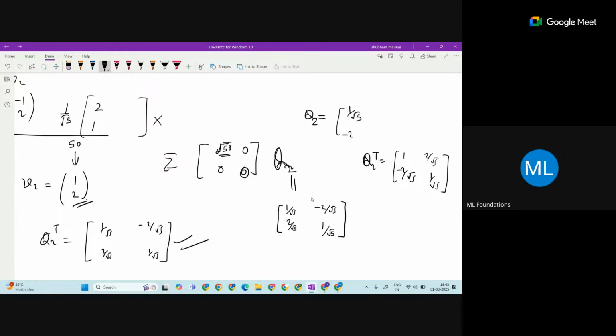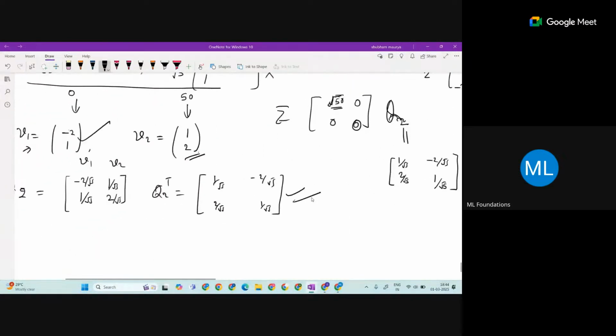As we used to do, this is a square matrix, so diagonalizability. So whatever eigenvectors we get.